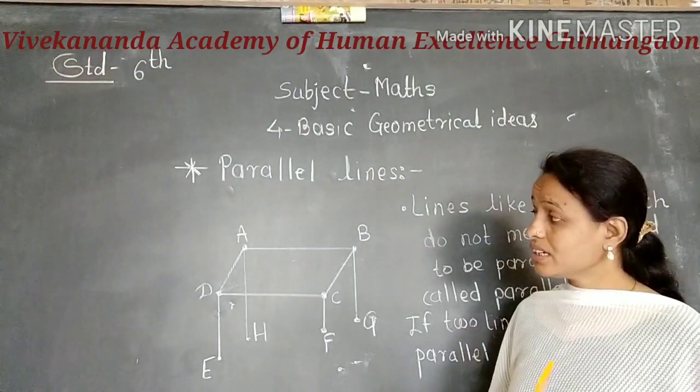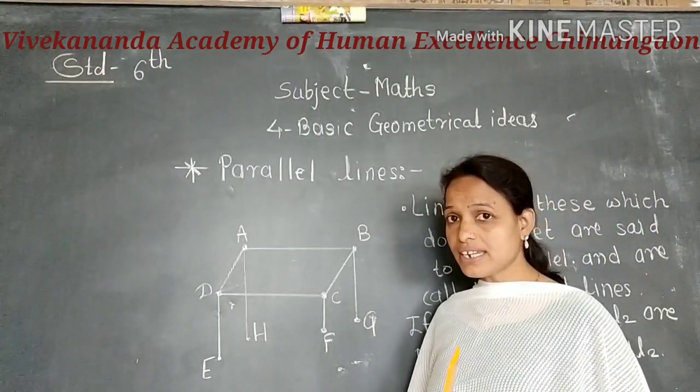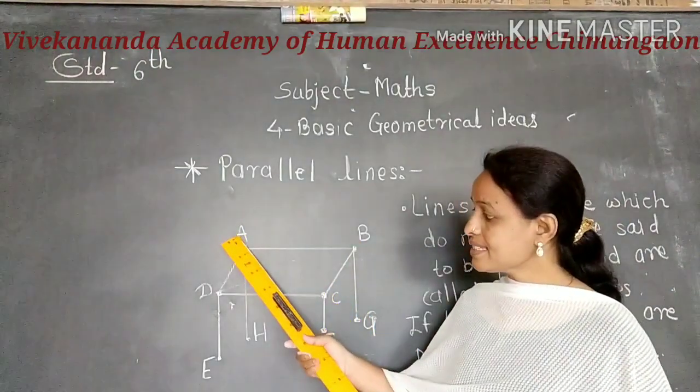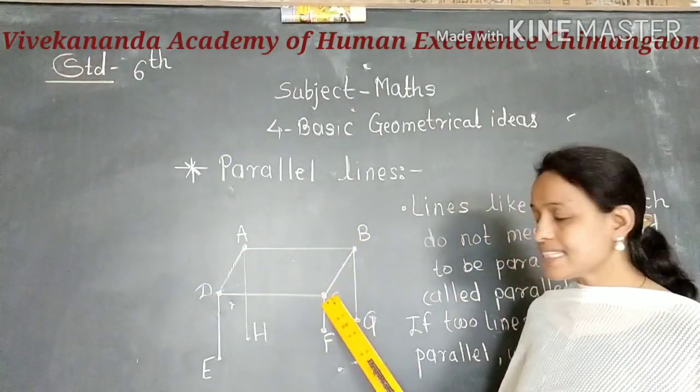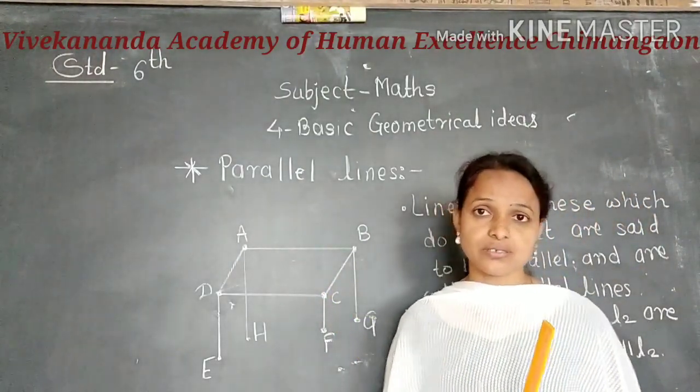See, which other pair of line segments do not intersect? Another pair is line segment AD and line segment BC, which do not intersect each other.